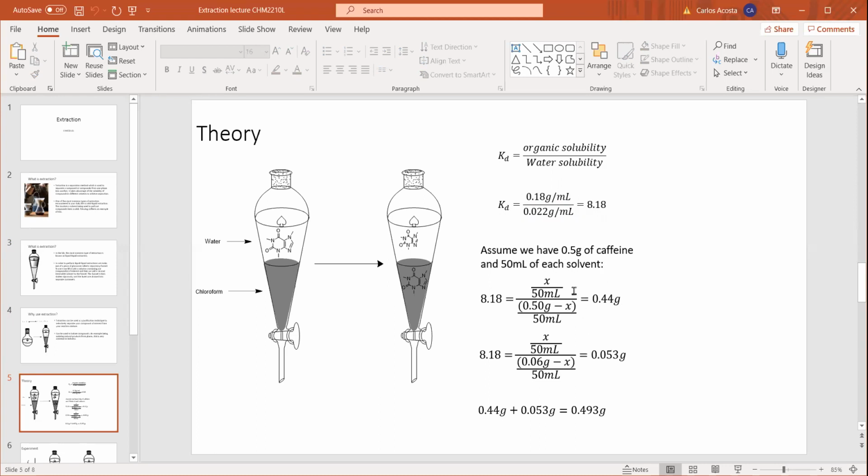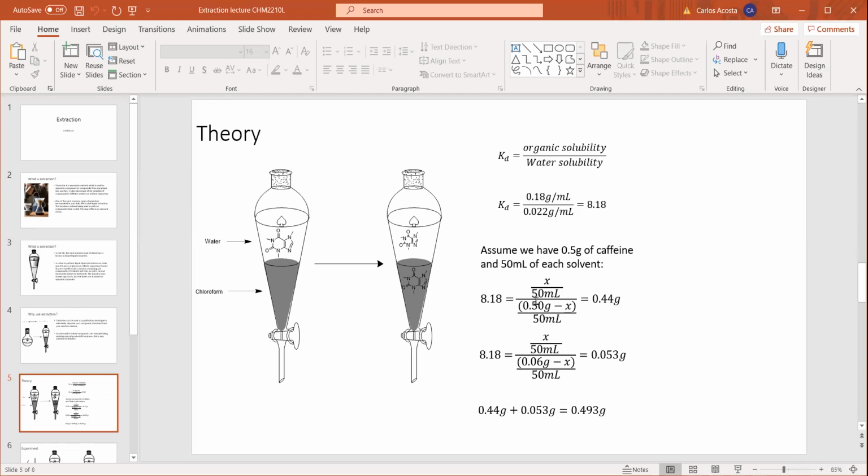It looks complicated, but all it's saying is that X grams of caffeine will dissolve in chloroform, and the volume of chloroform we're using is 50 milliliters, divided by the 0.5 grams of caffeine present in water minus X, the amount lost to the chloroform layer. And the 50 milliliters comes from the volume of water we use.